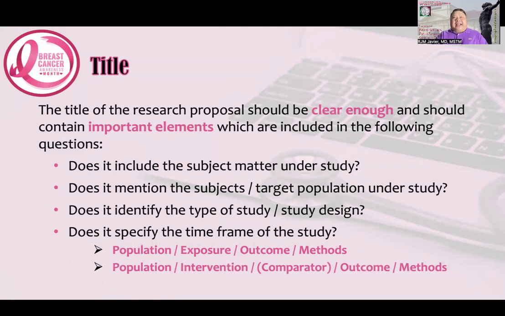Basically, because this is an academic exercise, we want the PEOM or the PIOM or the PICOM elements be present in your title. Because if you just read the title and you can already identify the population, the exposure, the outcome, and the methodology, even without reading the entire paper, we already have an idea as to what the research proposal will be tackling.